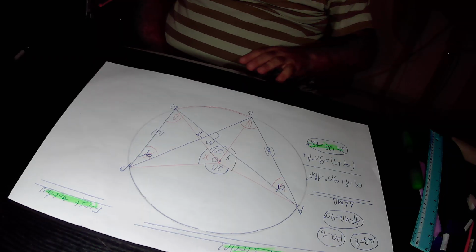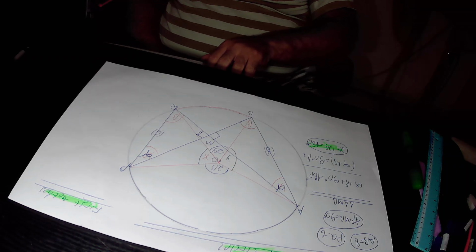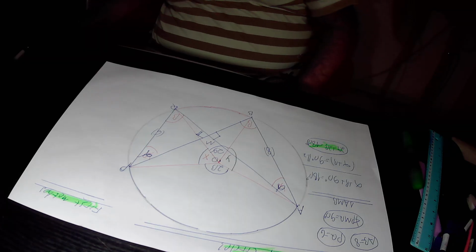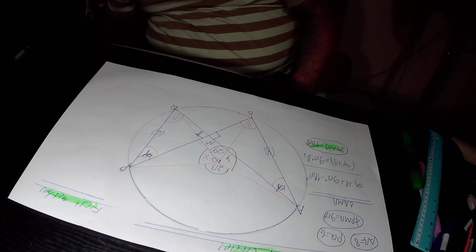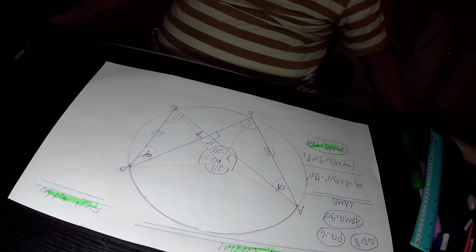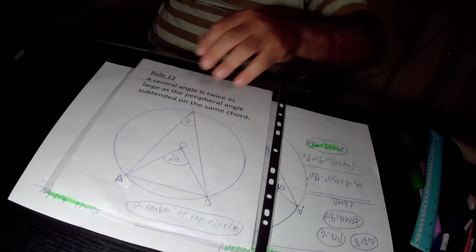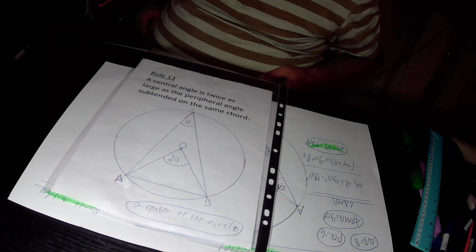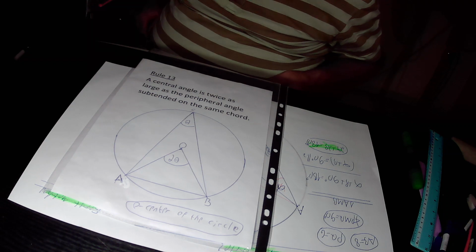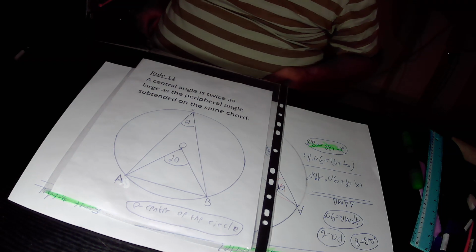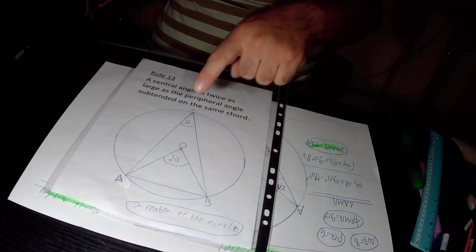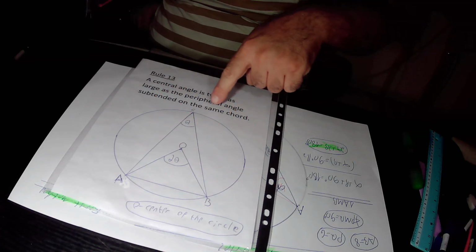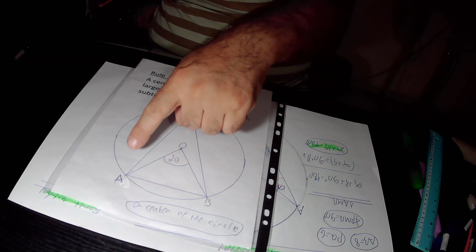In the next step I presented to you rule 13, and we implement rule 13 in our drawing. According to rule 13, a center angle is twice as large as the peripheral angle subtended on the same chord. In the drawing we have a circle. This is angle ACB that subtends on chord AB.